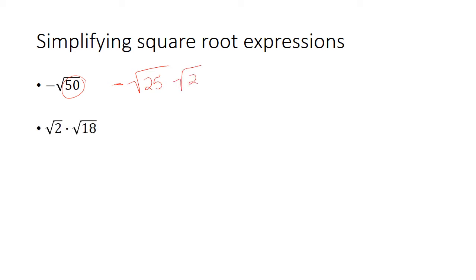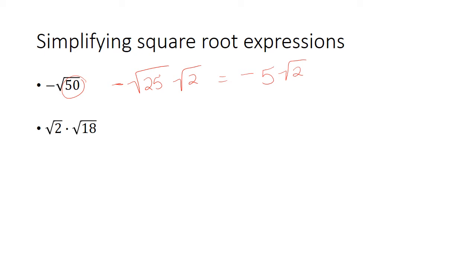Now I'm going to take the square root of that 25, so it'll be a negative 5. And I keep my square root of 2 because it can't go down any farther. You'll know it can't go any farther if there are no perfect squares that are a factor of what's inside your radical expression. If the only one they have is 1, then that's far enough.